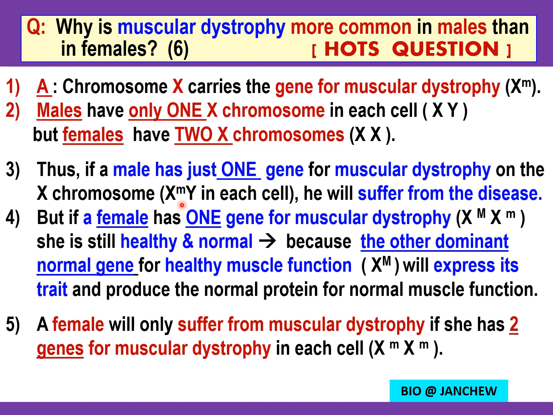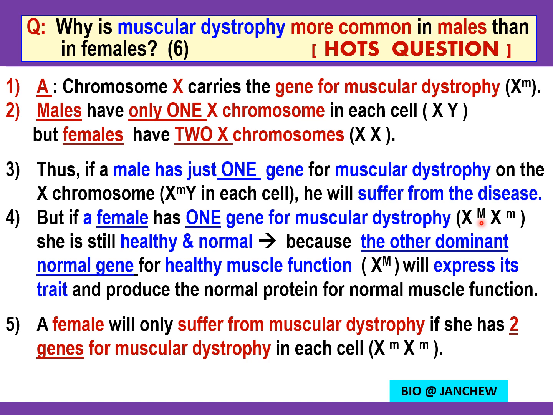So he will suffer from the disease because he does not have any normal code or gene to help him produce that protein. But if a female has one gene for muscular dystrophy and another normal gene, she is still healthy and normal. So let's look at this pair of X chromosomes on this individual. X big M, X small m. Big M stands for the normal gene, to produce the normal protein for normal muscle function, healthy muscle functioning.